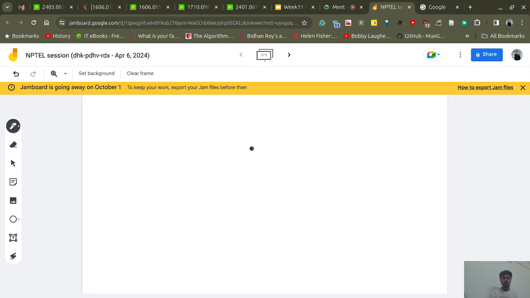Okay, so we have some points like this, and some points like this. With k equal to 2 we cannot do anything, but suppose we have k equal to 10.